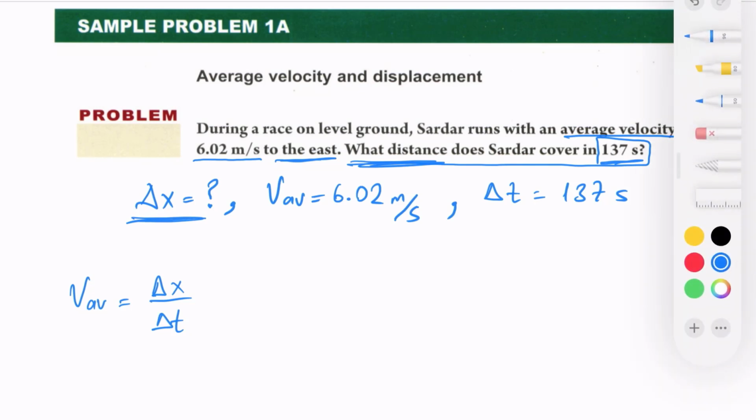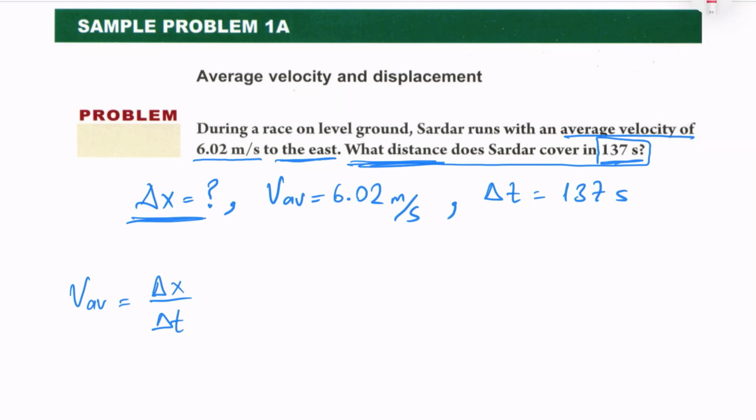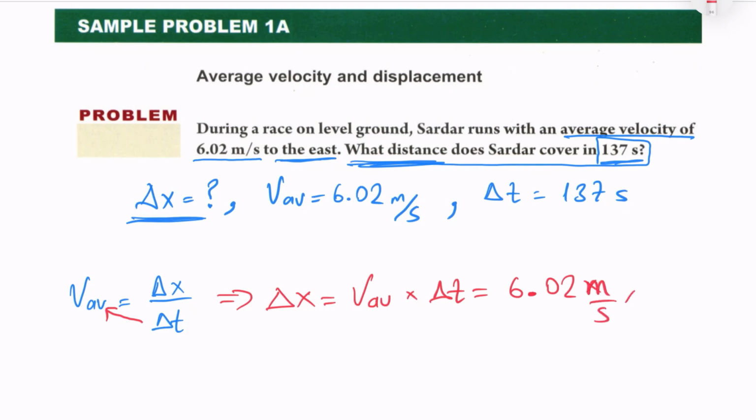Let's change the color of the marker. From the cross multiplication, I can send the delta t here. Delta x is going to be V average multiplied by delta t. V average is given: 6.02, and we can also put the unit meter per second, multiplied by 137 seconds, which is delta t.